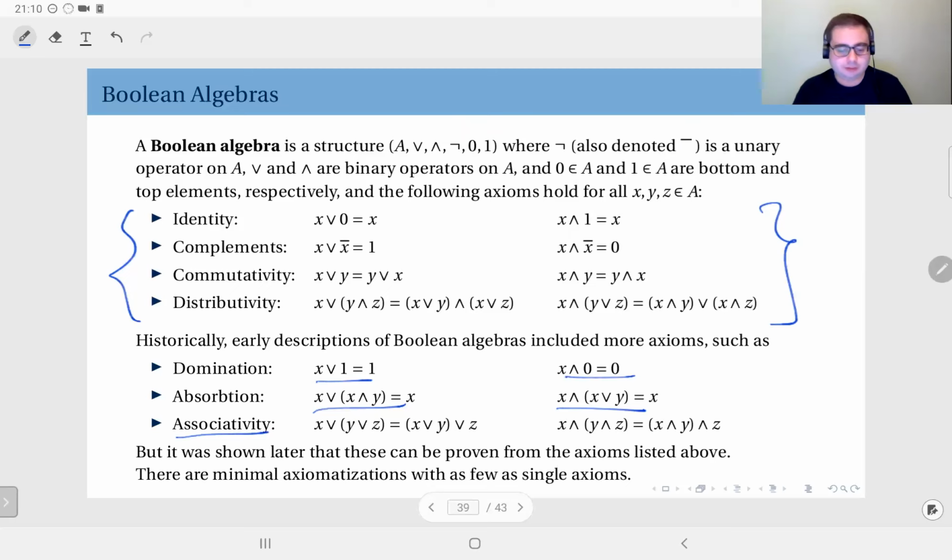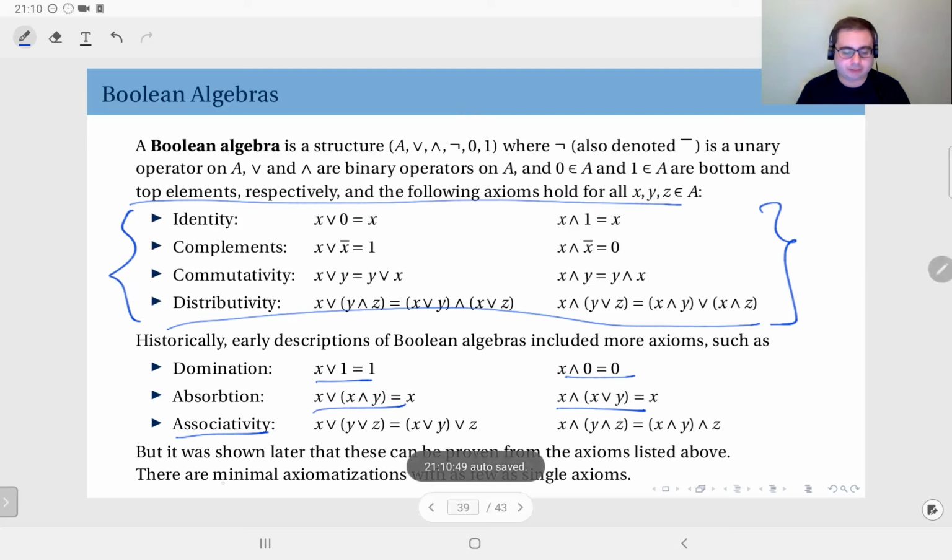And in fact, these axioms, although there is no axiom redundant in the setting, meaning that I cannot derive, for instance, identity using the remaining three, so there is no redundant axioms here. People have been trying to reduce the number of axioms by expressing them in different ways. So we also have minimal axiomatizations with as few as single axioms.